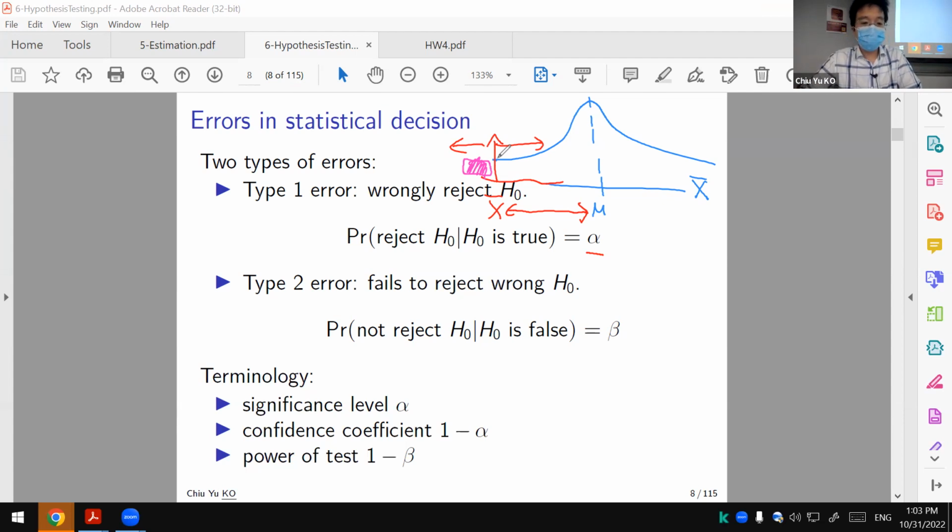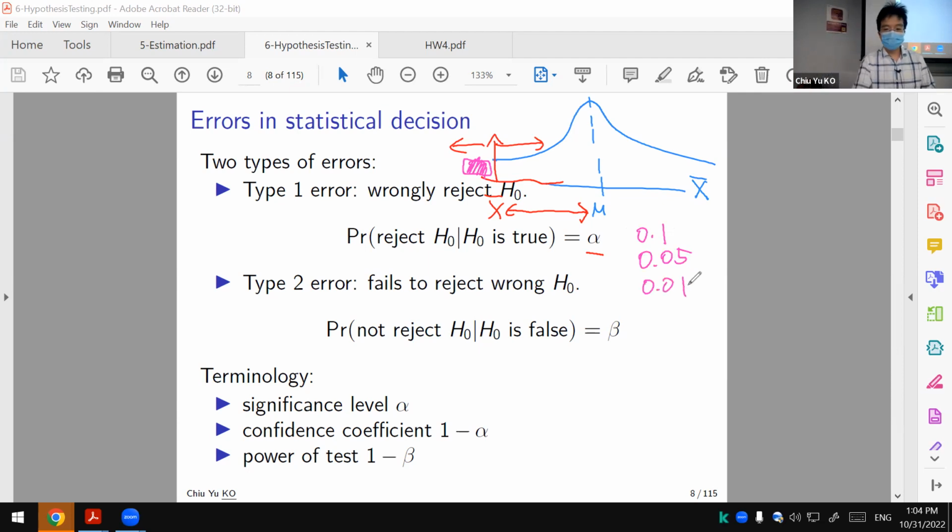But that is the main thing, okay? Alpha is something we decide, okay? It's our level that we accept, because in this case it is normal, right? The bell curve can go from negative infinity to positive infinity, right? There is no way to make this alpha go to zero, right? We must have some number there, right? So as I said, alpha is like 10%, sorry, alpha is 10%, 5% or 1%, right?